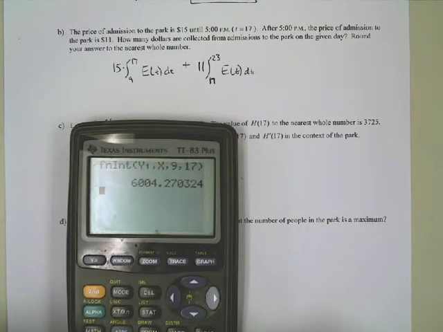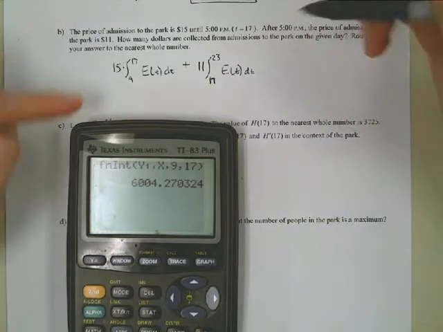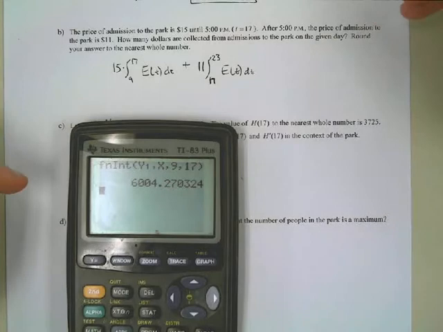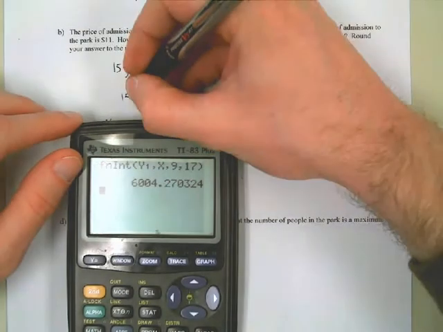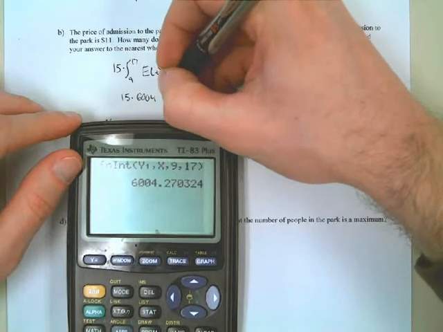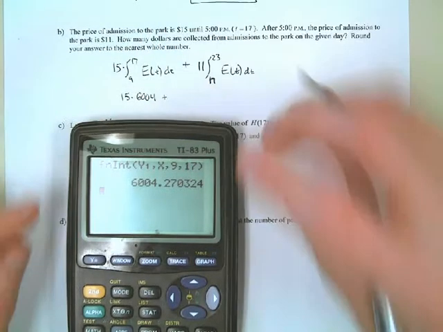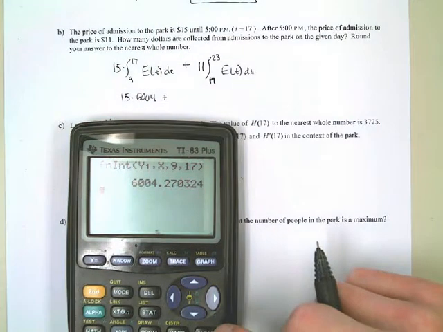So again, what you can do here, well, we already know from 9 to 17 what that value is, don't we? What is it? 6,004. So we can do just 15 times 6,004 plus, and then we have to figure out this integral.